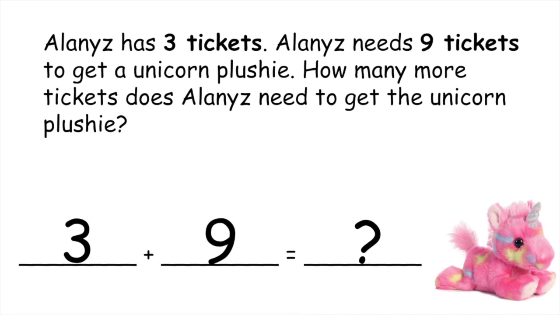It equals 12. 12 is bigger than the amount of tickets that the unicorn costs, so it will not work. When you write the problem, make sure you put the numbers in the correct order. Our number sentence should be 3 plus blank equals 9. So we have to find out what goes in this blank.